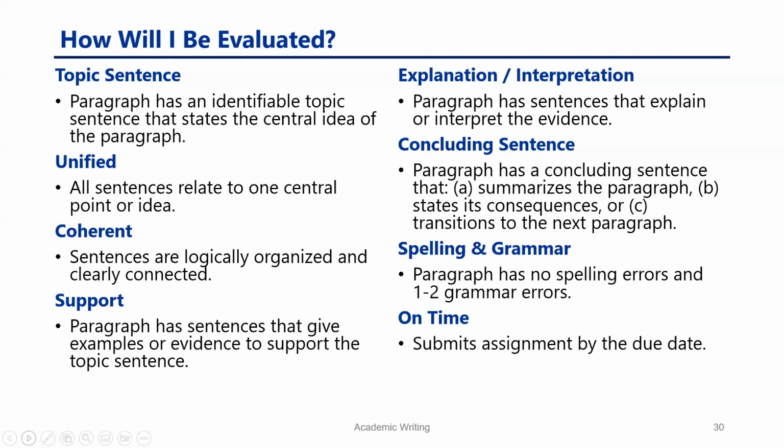The paragraph also has sentences that give examples or evidence to support the topic sentence. And the paragraph has sentences that explain or interpret the evidence. And the paragraph has a concluding sentence that either summarizes the paragraph or states its consequences or transitions to the next paragraph.